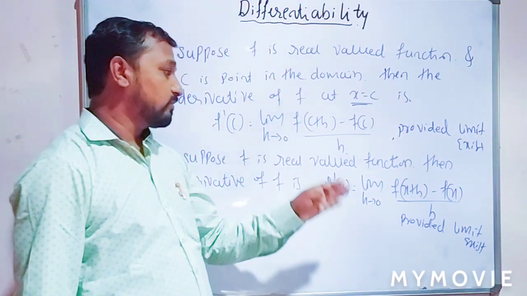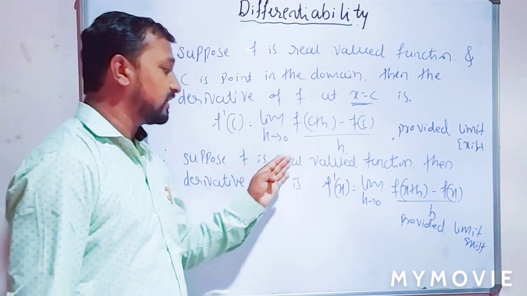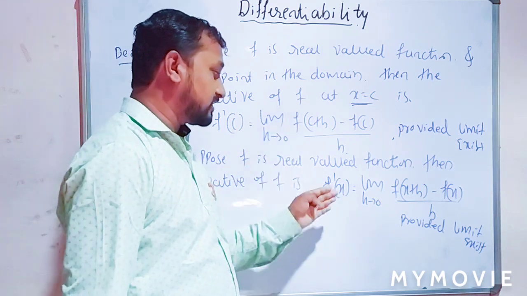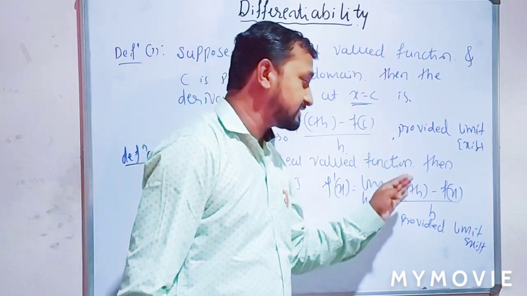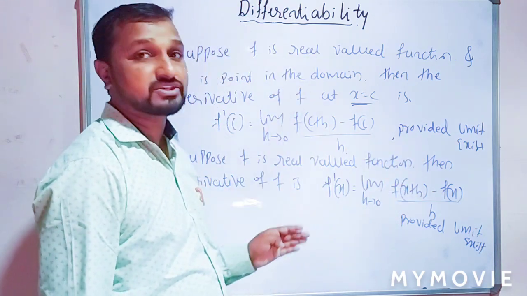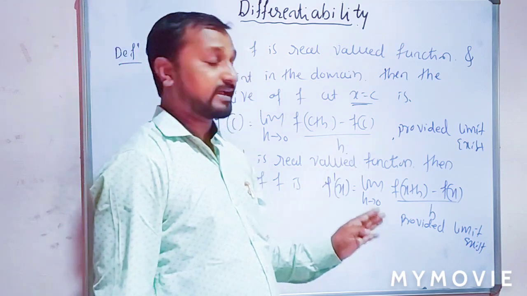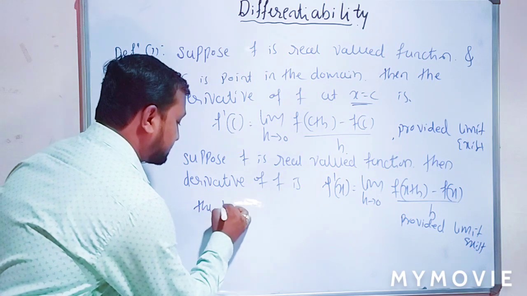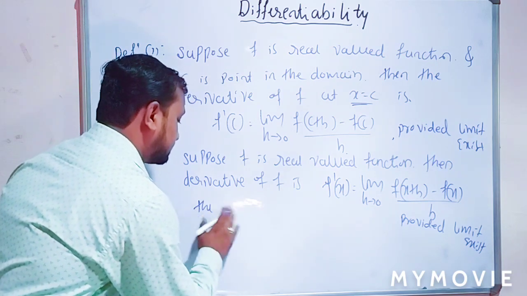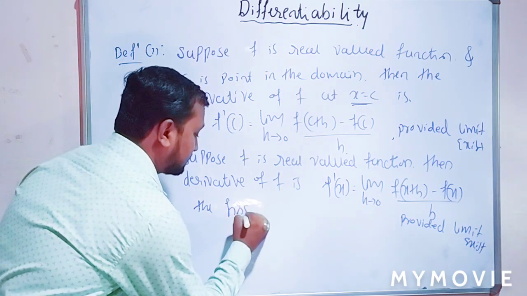Suppose f is a real valued function, then the derivative of f is given by f dash of x equal to limit of h tends to 0 of f of x plus h minus f of x divided by h, provided the limit exists. This definition is also called the first principle of derivative.